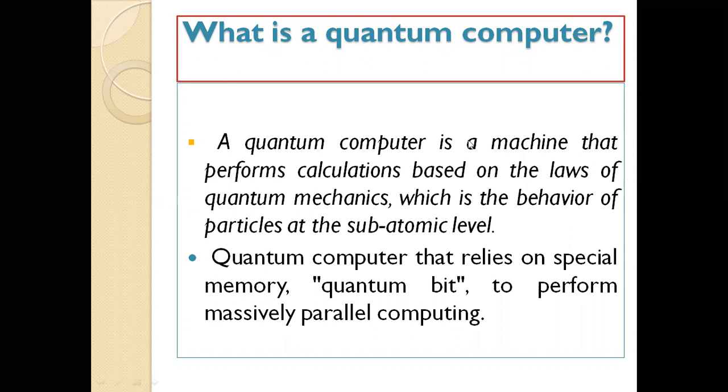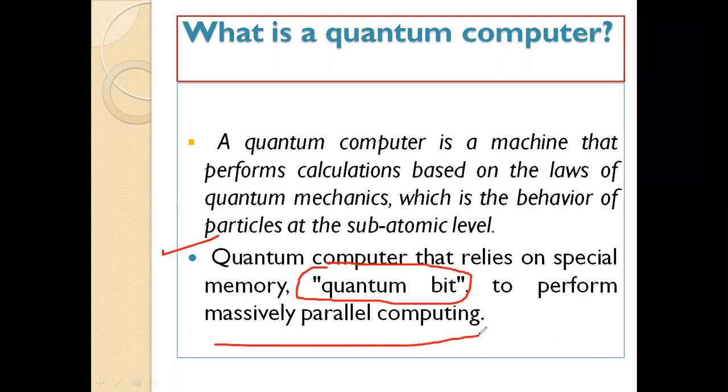And if we go into the specific definition of it, then a quantum computer relies on some special memory that is known as quantum bit to perform parallel computing, and that is to a massive one. Okay, this means a very faster one. So this is the definition.